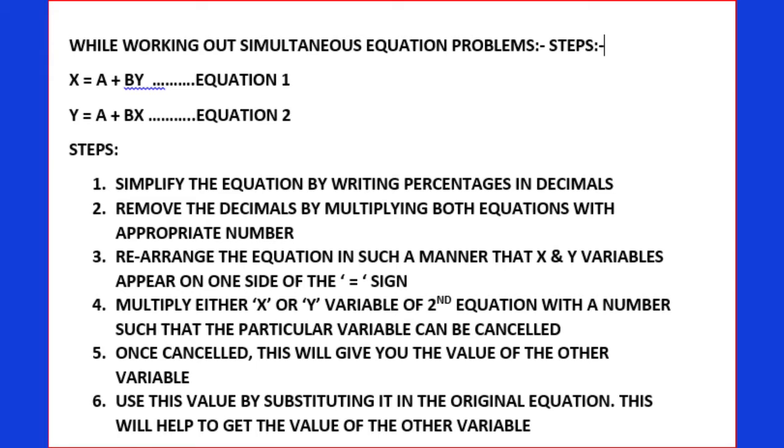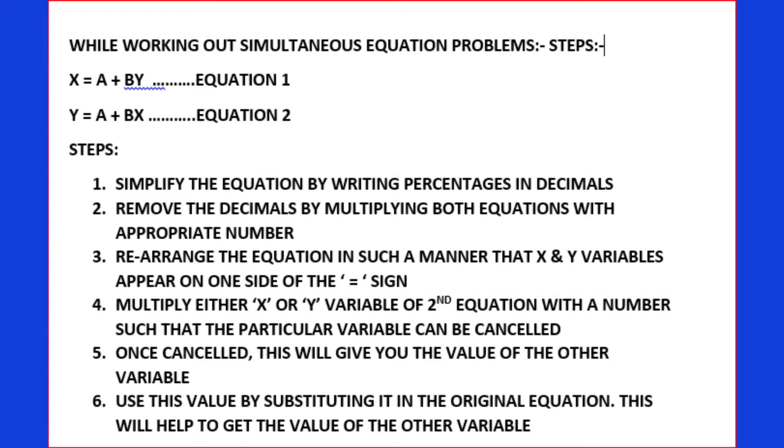Thereafter, you will be removing the decimals by multiplying both equations with an appropriate number, which could be like 10 or 100, whatever. Third step is to rearrange the equation in such a manner that the x and y variables of the equation appear on one side of the equal to sign, preferably on the left side.